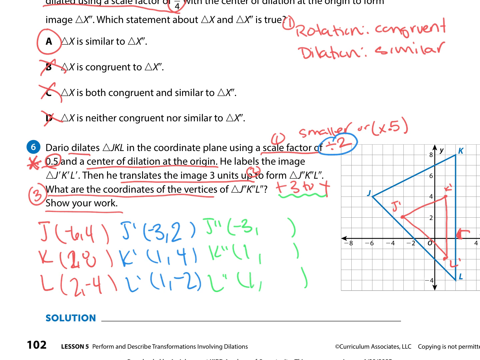Adding 3, 2 plus 3 is 5, 4 plus 3 is 7, and negative 2 plus 3 is 1. So the new final image is here. And that's it. That's all for session 2.